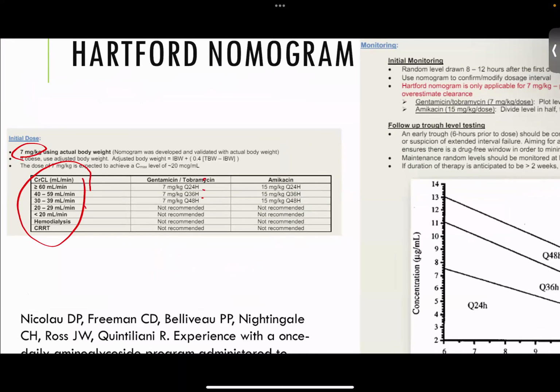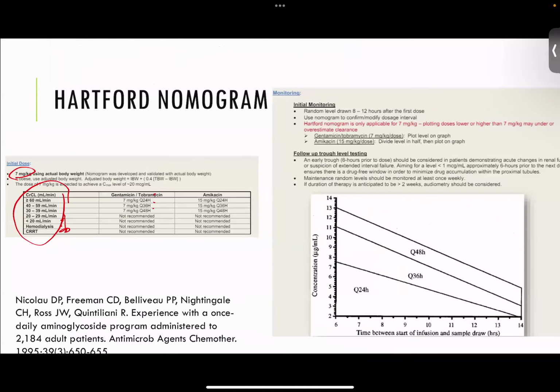When the kidney function falls below 30, this is not recommended, because you give one dose and it might be a week later. Well, that's not effective, because you have to be giving the drug more often than that to kill the bug, right? So this is a lot easier than dealing with those giant equations, isn't it?